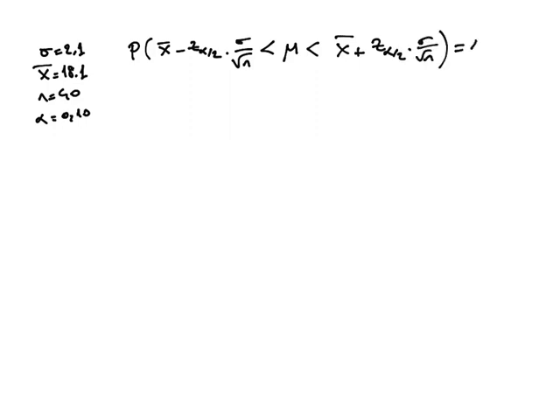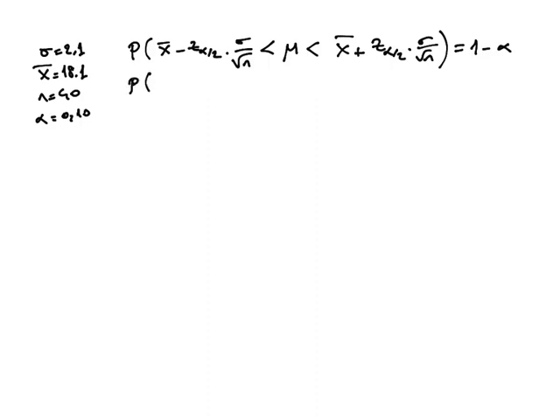Since we know this, the confidence interval formula is x bar minus z alpha over 2 times sigma over square root of n is less than mu, our population mean, less than x bar plus z alpha over 2 sigma over square root of n. So this is the formula.